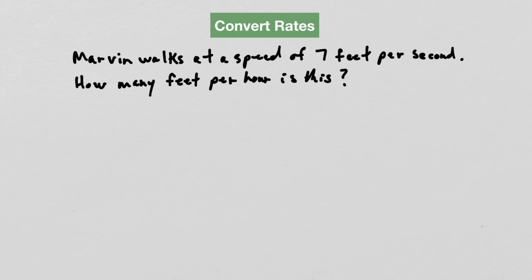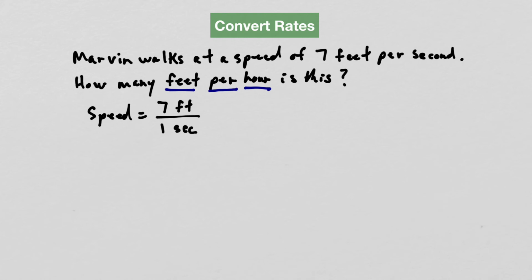Marvin walks at a speed of 7 feet per second. Okay, so we're going to say speed is equal to 7 feet per 1 second. The question is, how many feet per hour is this.